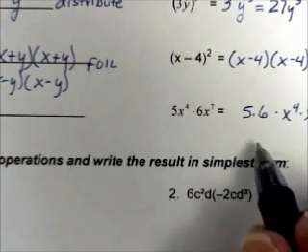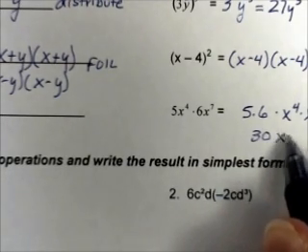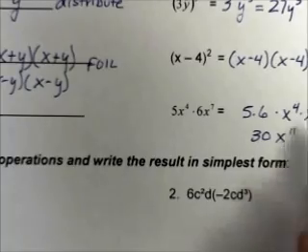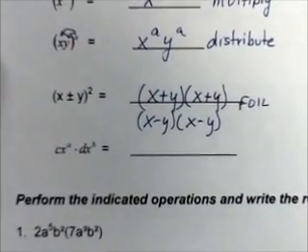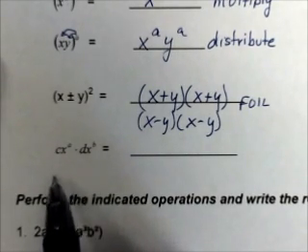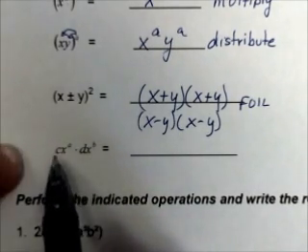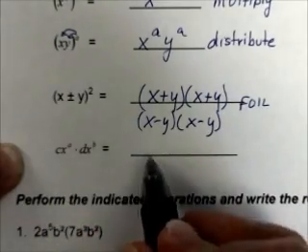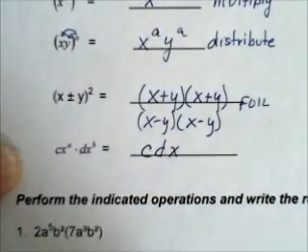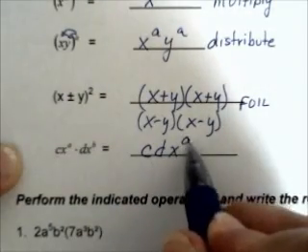So 5 times 6 is 30, and x to the fourth times x to the seventh is x to the 4 plus 7, which is 11. So the general form, c x to the a times d x to the b, would be c times d times x to the a plus b.